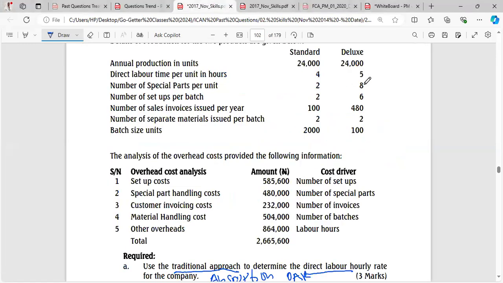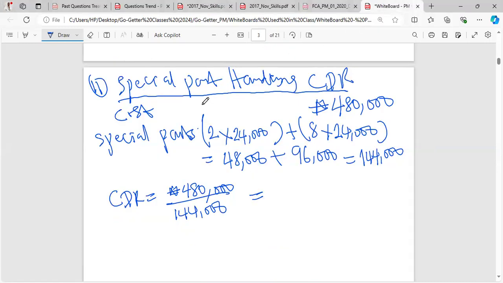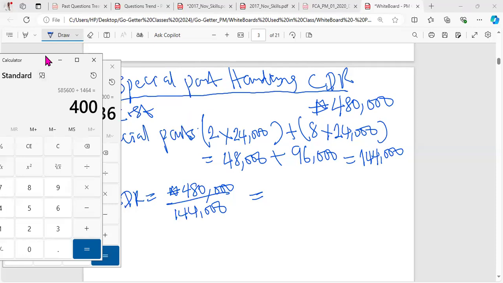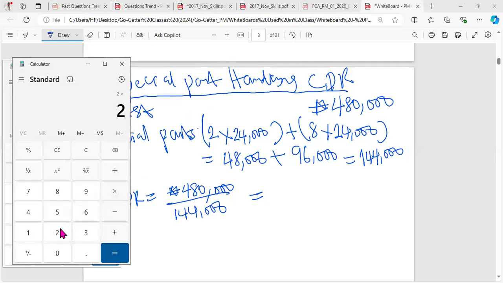Special parts 2 and 8. Let's be sure we've not done anything wrong. 2 times 24,000 gives us 48,000. 8 times 24,000, oh, that is where the problem is.